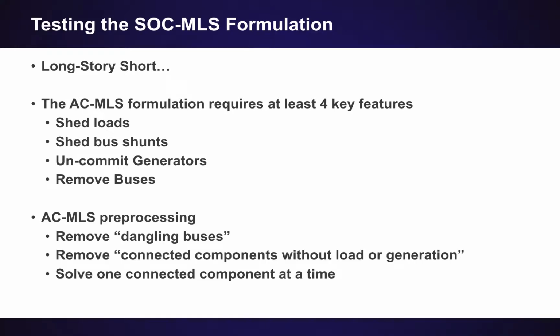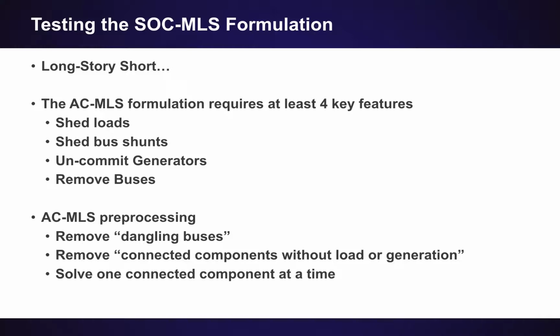We also found a couple of helpful pre-processing steps just to improve convergence and reliability of the algorithms. The first one was that we should remove dangling buses. When you have arbitrary damage to the network, you can have this case where you have a line and a bus connected to it, and the bus is dangling and has no load or generation. So it really doesn't serve any purpose.